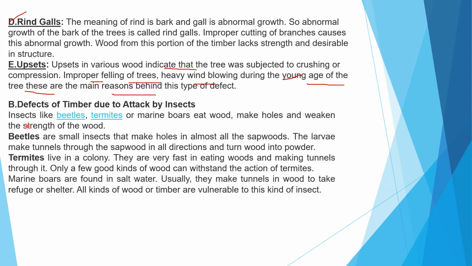Next, defects of timber due to attack by insects. Insects like beetles, termites, or marine borers eat wood, make holes, and weaken the strength of the wood. Beetles are small insects that make holes in almost all sapwood.